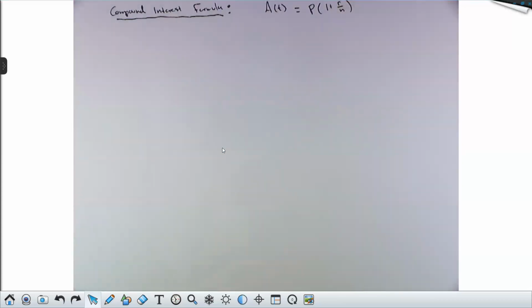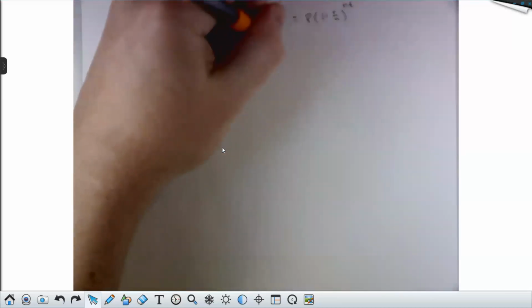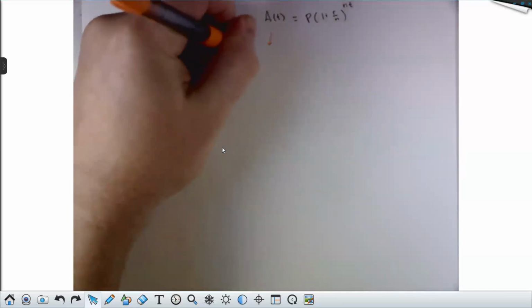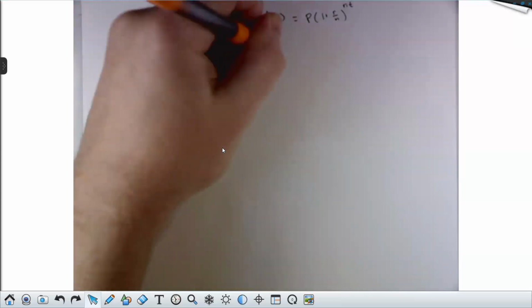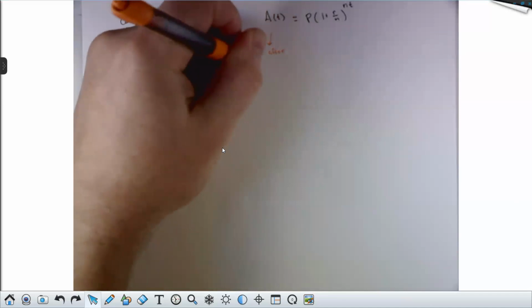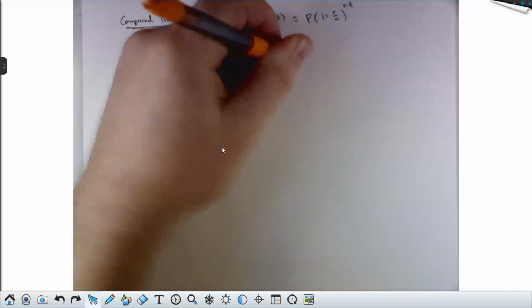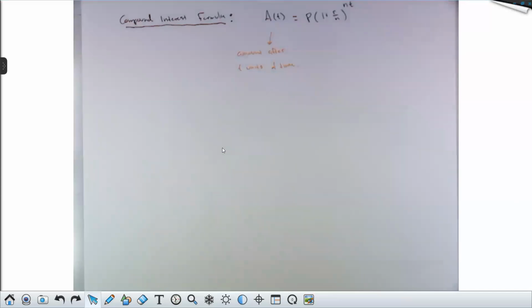All right, I'll explain what each of these symbols means. A of t on the left, this is the amount after t units of time. And by amount, I mean either the amount you owe or the amount in your account, right?